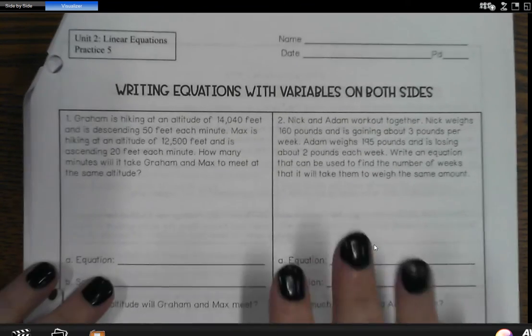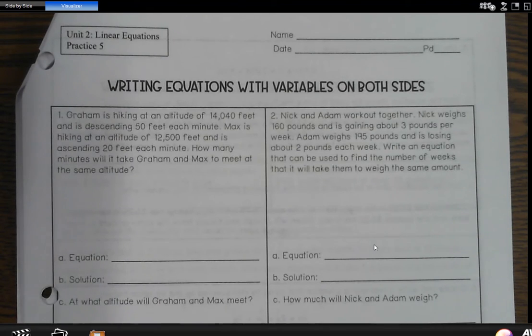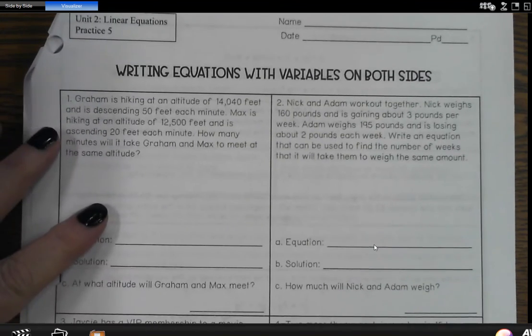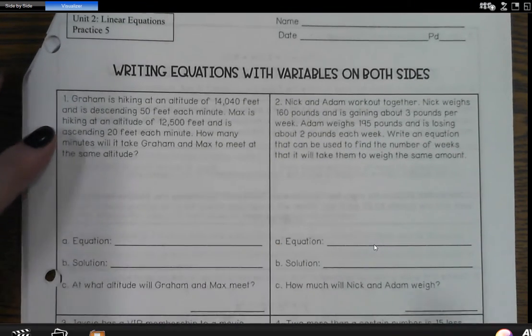Okay. So open up to 5. Look at number 5. Write the equation for number 1.